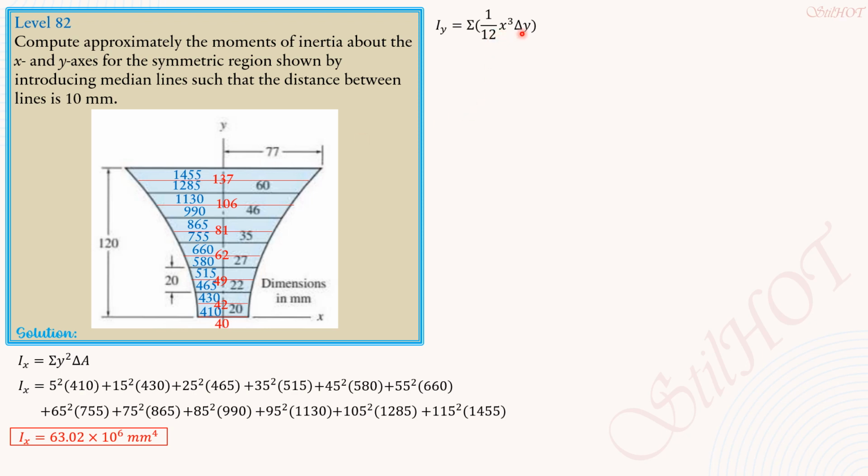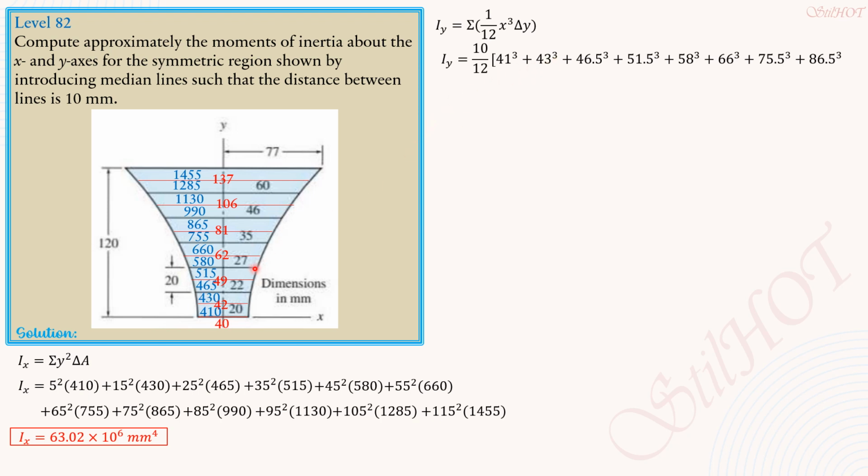That should be cube. Delta y is 10. So Iy equals 10 over 12, then x cube. So beginning with 41 cube. Again, that 41 is 410 divided by 2, the mid length of x here between 40 and 42, which is 41. So the shortcut is we just divide these areas by 10. So the next value is 430 divided by 10, so 43.